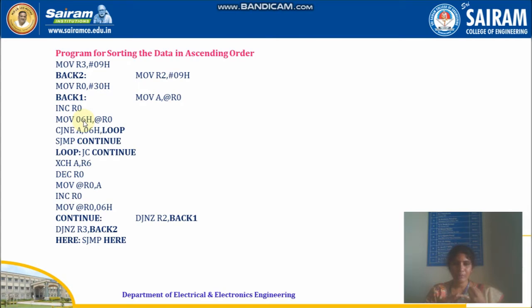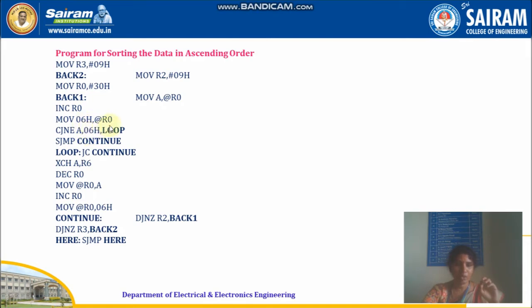The condition for comparison is whether both numbers are equal, whether A is greater than B or A is less than B. So three comparisons will happen. In this line, you are comparing the accumulator content with the 06th location content.